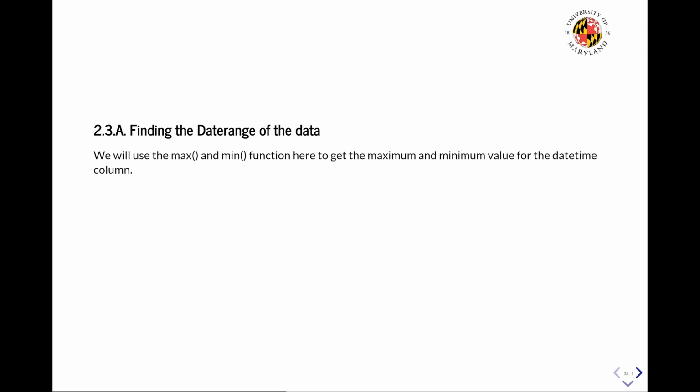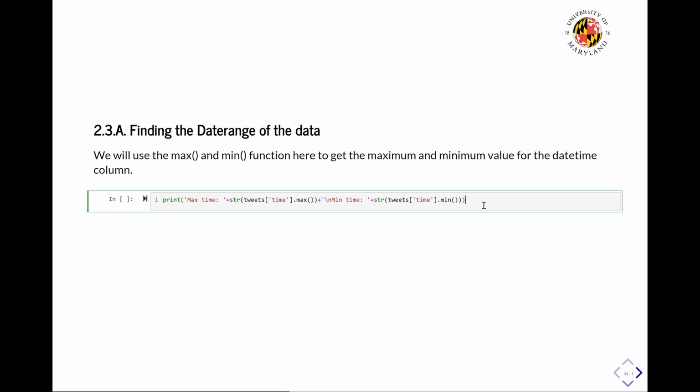So now since our data is in the datetime format, we can just use the max and the min function, and it would give us the maximum and the minimum value of the time for the whole data set. So this is the max function, this is the min function, and we're just using it on the tweets time column, and we're printing it out by appending it with these strings together.